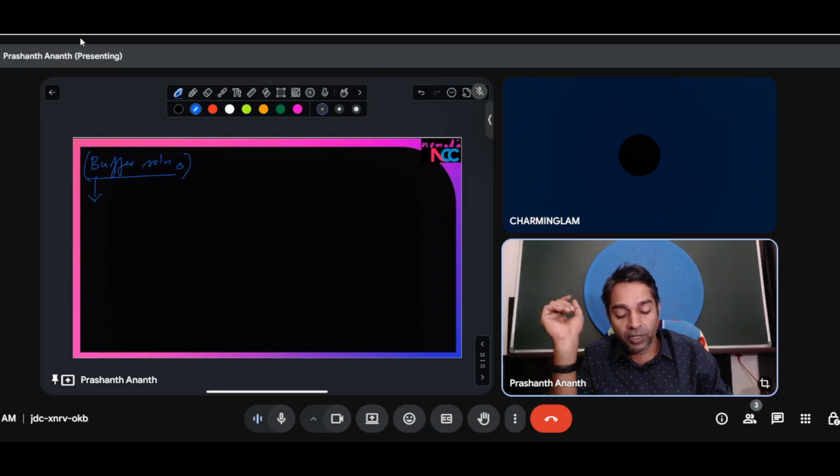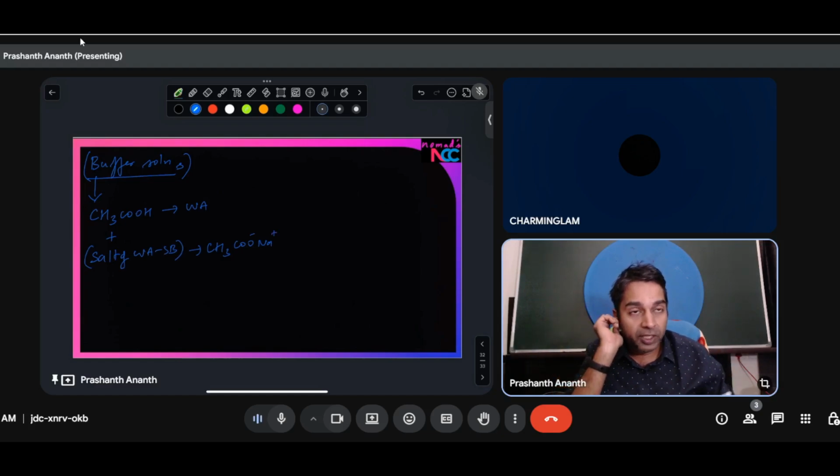So we are going to have a buffer with CH3COOH in solution, which is a weak acid, plus the salt of a weak acid and strong base, like say CH3COONa, so CH3COO- Na+. So what am I going to have in this case?